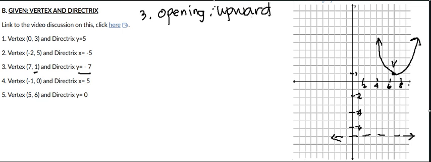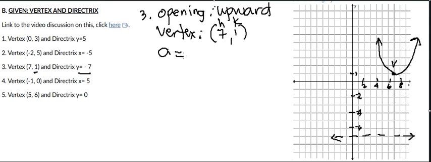Then we have the vertex with our h, k, which is 7, 1: h is 7 and k is 1. A here is just the distance from the vertex to the directrix. The vertex is here, and we have 1, 2, 3, 4, 5, 6, 7, and then 8.